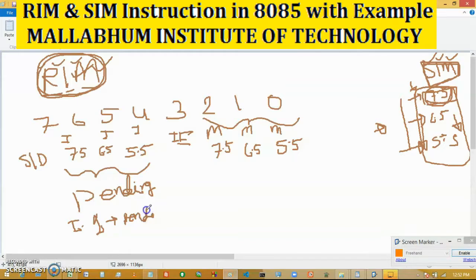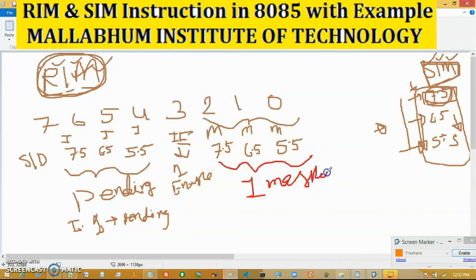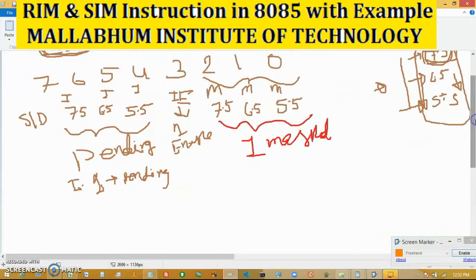Then, interrupt enable flag: 1 means enable. The next 3 bits are interrupt masks. As I said in the previous section, 1 means masked. This is the bit pattern of these 3.